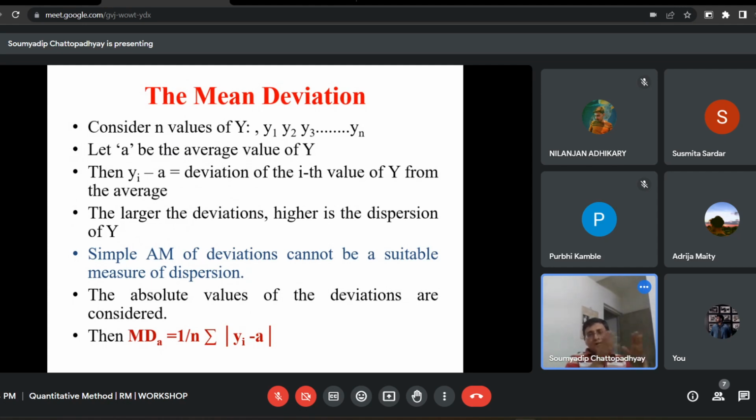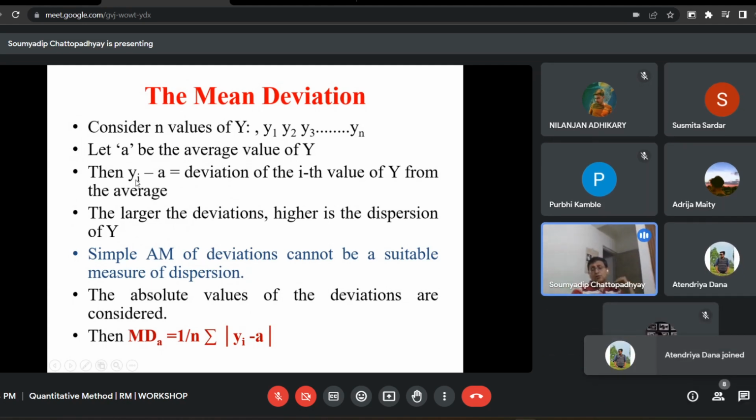So obviously from here it is quite clear that the larger the deviation, the higher the dispersion of Y, because A is the average value and yi is the original value. Now if you simply take the sum or the average of these deviations, some values will be negative and some positive, so the positives may cancel out the negative values.